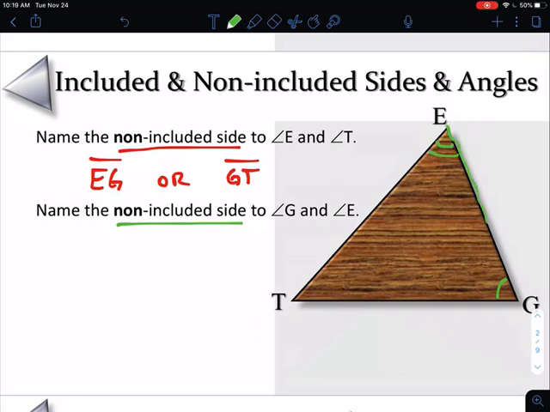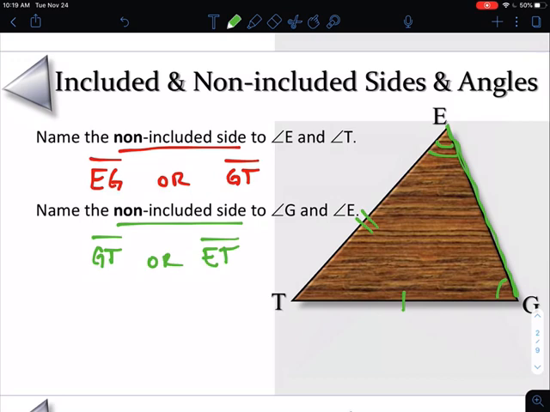The side that's in between would be E to G, but we're not looking for that. We want anything that's not touching both angles. So I could choose this bottom side GT, or I could choose the left side ET, because neither one is included between E and G. Neither one touches both angles.